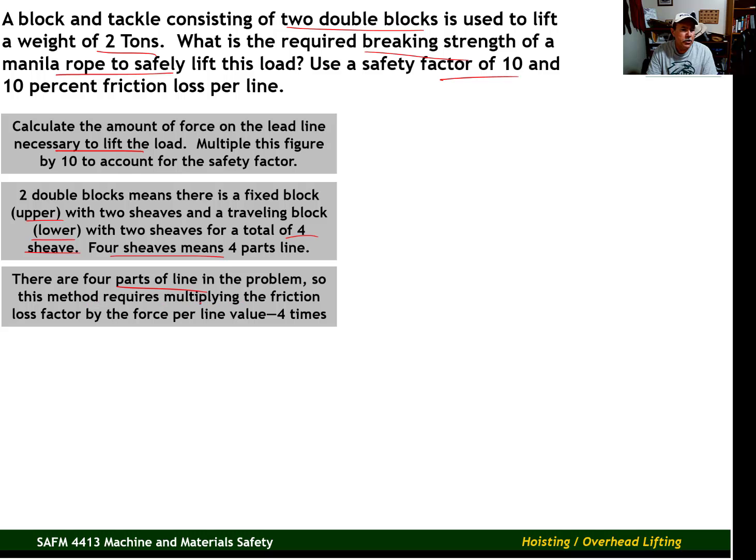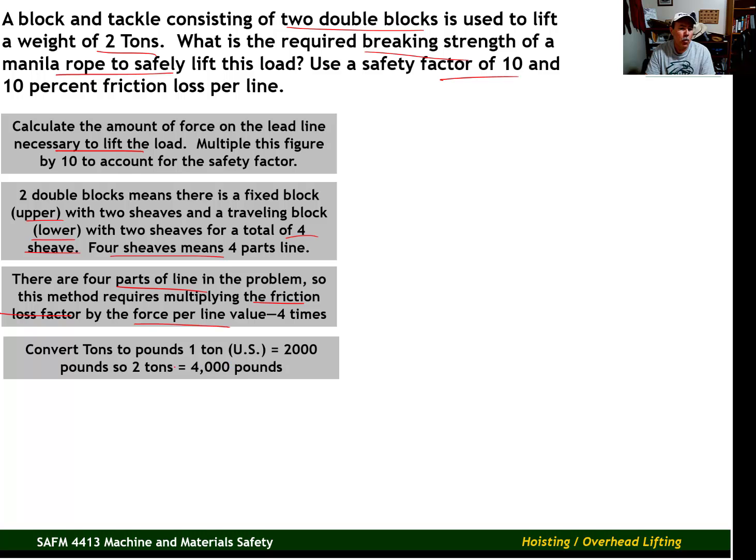So we need to multiply the friction loss factor by the force per line value 4 times. But what is the force per line value? We get that by dividing the load weight by the number of sheaves or the number of parts of line. But before we do that, we have to convert tons to pounds. 1 U.S. ton equals 2,000 pounds.